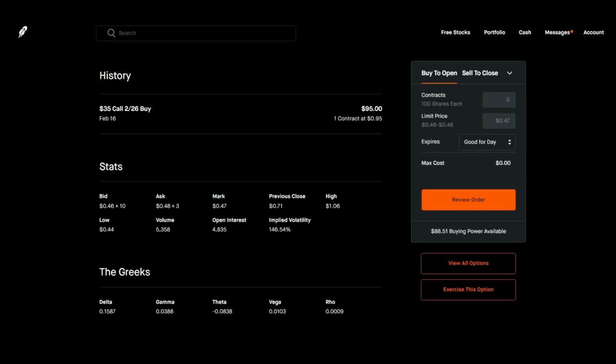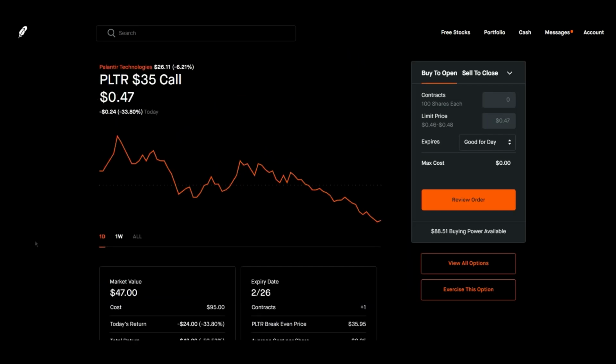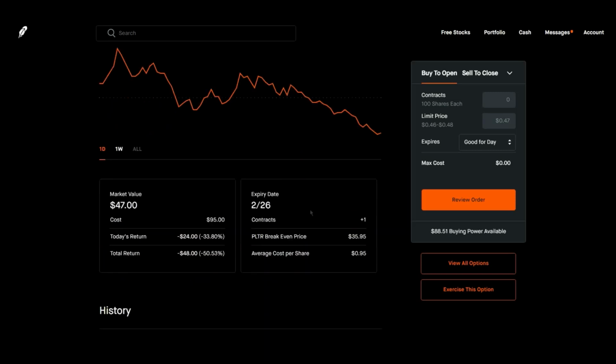So for me here, my theta is only negative 0.0838. So I'm losing only about $8.30 the next trading day on my $47 contract equity, which really is surprising considering this expiration date is only 8 days out.